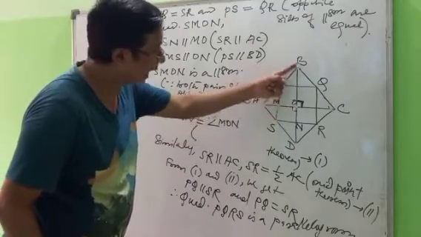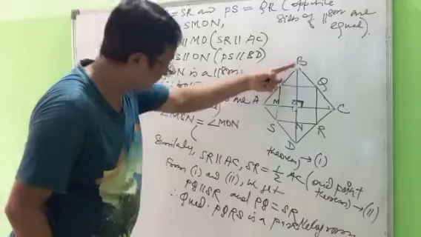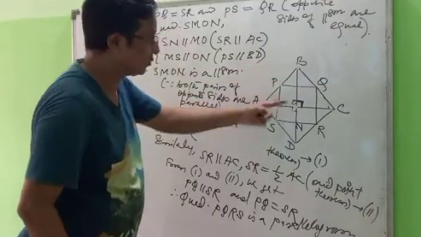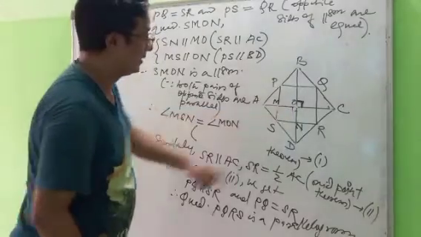And you know that the diagonals of a rhombus, this is a rhombus, these are the two diagonals, they will meet at 90 degrees. So here you have got 90 degrees.